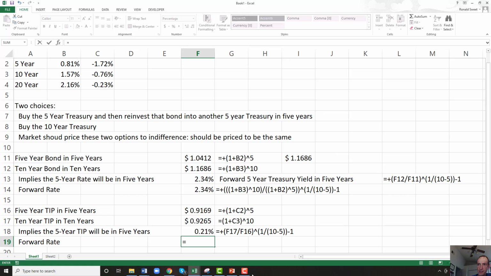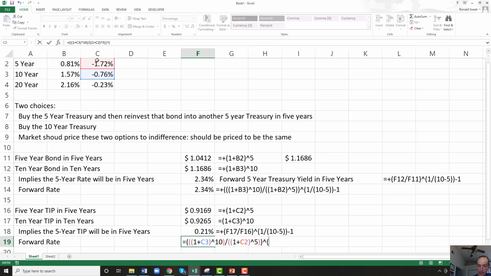And again, the longer formula is just like the other longer formula. I recommend you do 3 open parentheses. 1 plus the 10-year, the longer period, raised to the 10th, close parentheses, divided by 2 parentheses, 1 plus the 5-year, close parentheses, raised to the 5th, close parentheses.